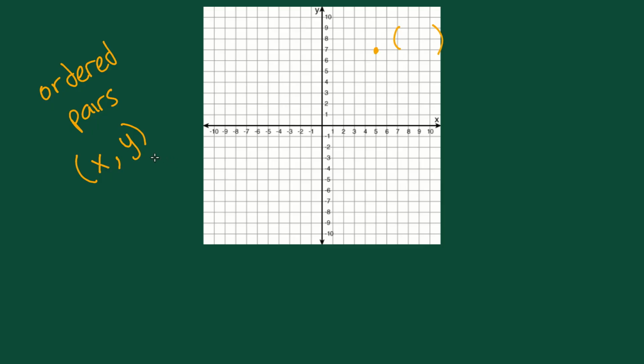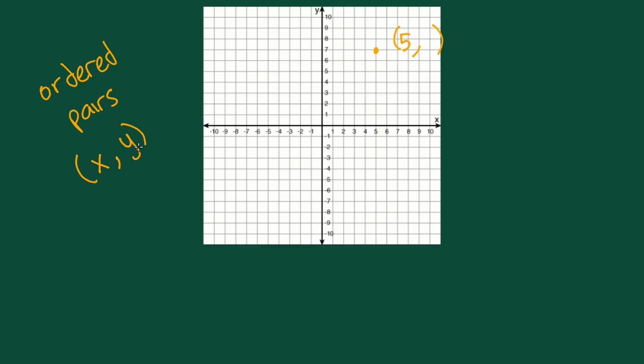Now, for the x position, we need to see where on the x-axis this point is. So here's the x-axis. It's horizontal. So where is it on the x-axis? We would just go straight down. It is at 5. So this point, the x position, is a 5.